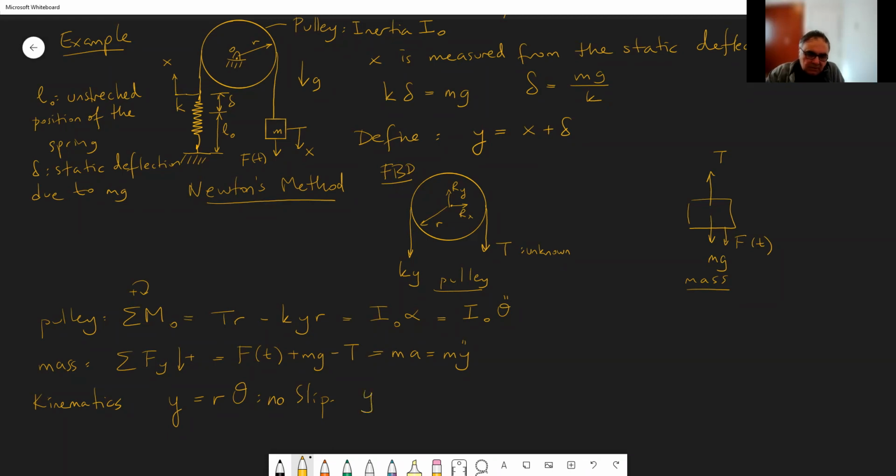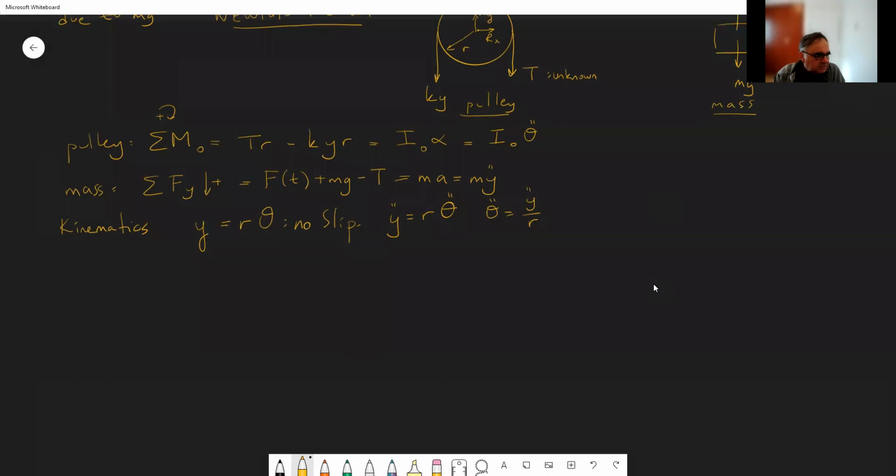If y is equal to r theta, then y double dot would be r theta double dot, and theta double dot would be y double dot over r. See? So from here, we can combine our equations. The first one, for example, becomes Tr minus Kyr equals I naught theta double dot, which is y double dot over r.